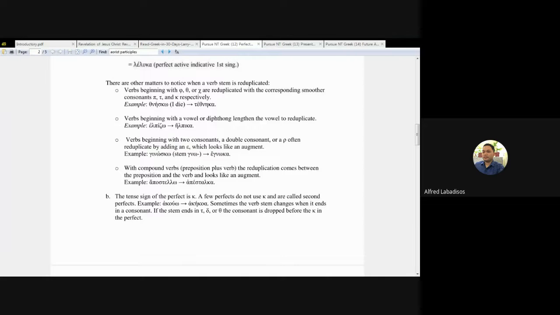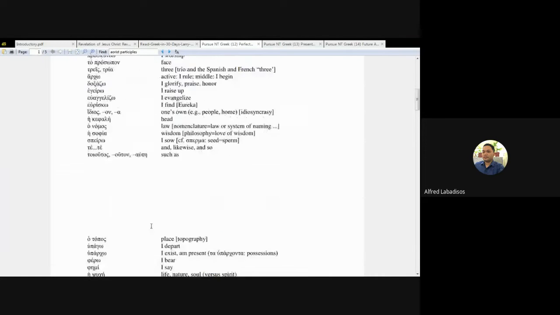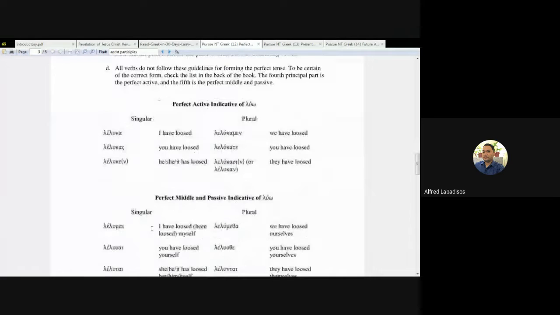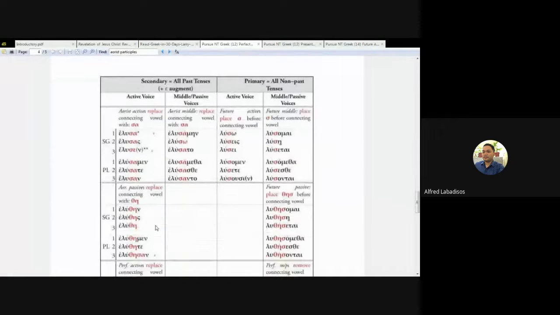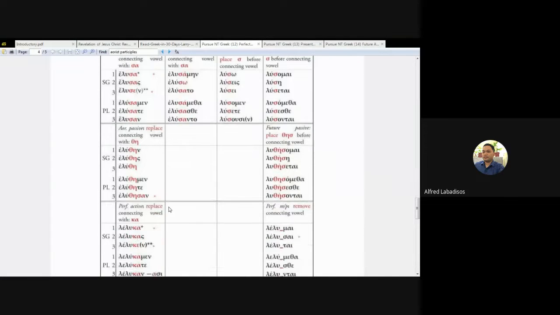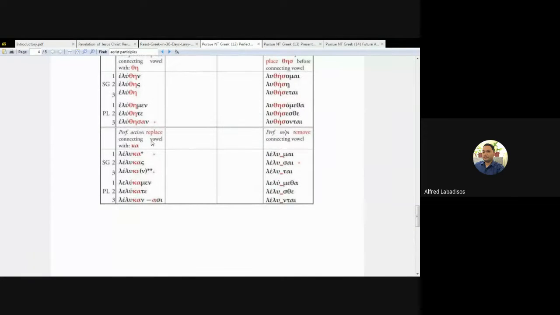Okay. So for the perfect, we have the tense identifier and also the reduplication. We have to remember that in perfect active, the tense identifier is kappa, then we have the reduplication, the doubling of the consonant of the verb stem.